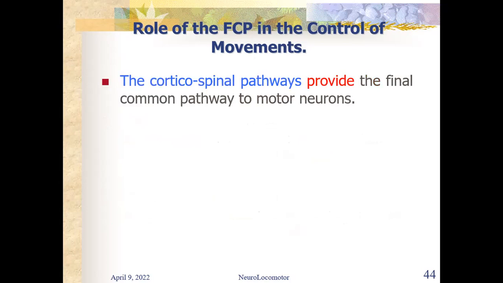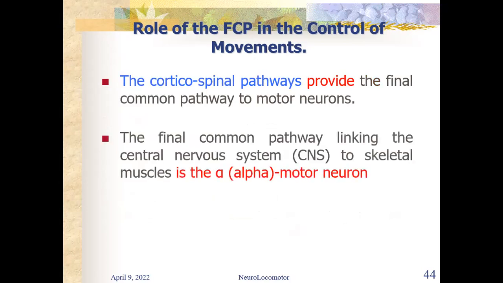So the corticospinal pathways provide the final common pathway to motor neurons. The final common pathways can arise either from the cranial nerve nuclei of the brainstem or from the anterior horns of the spinal gray matter of the spinal cord.